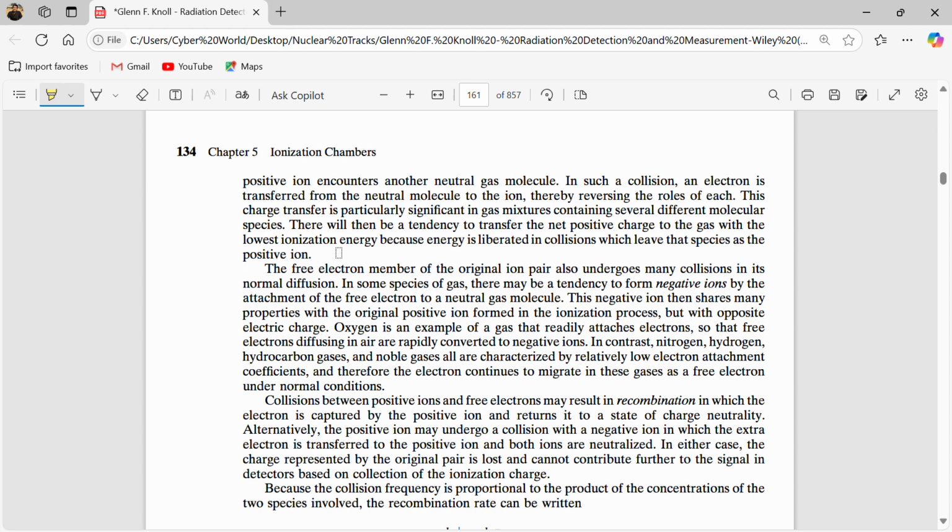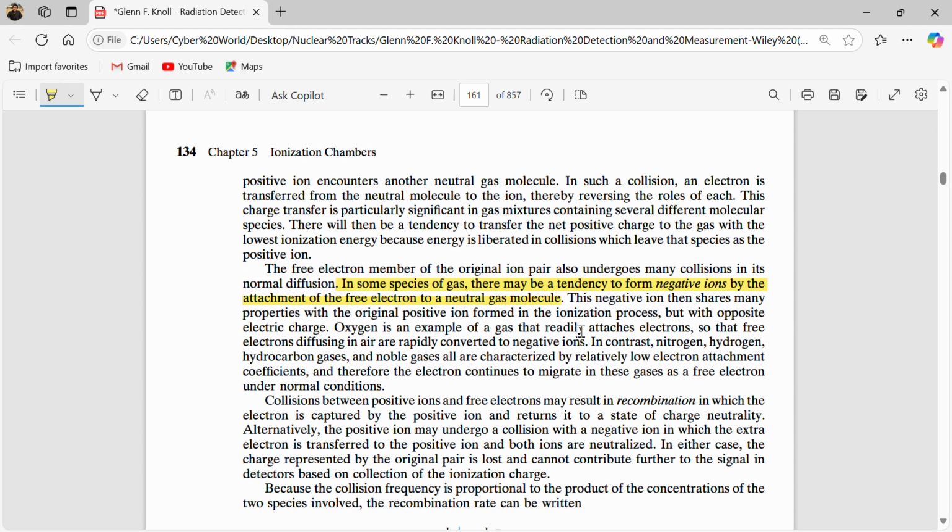Understood? The free electron member of the original ion pair also undergoes many collisions in normal diffusion. In some species of gas, there may be a tendency to form negative ions, by attachment of free electrons to gas molecules.